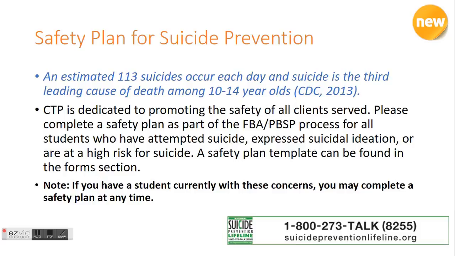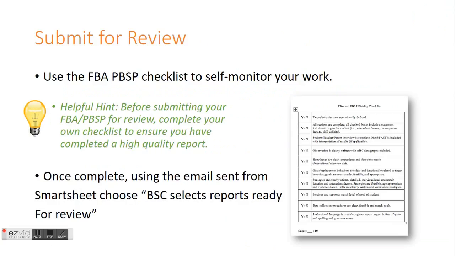A safety plan template can be found in the form section. Note: if you have a student currently with these concerns, you may complete a safety plan at any time. Down here at the bottom, you'll see the Suicide Lifeline number and the website to go to.